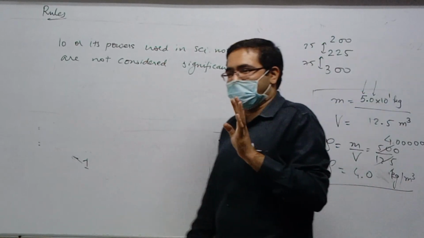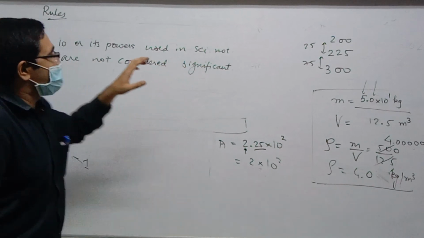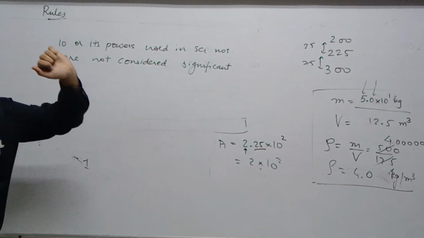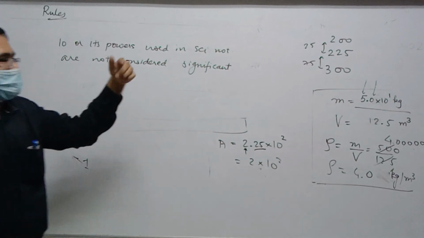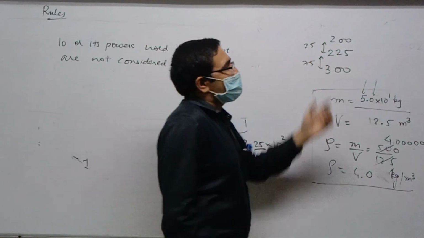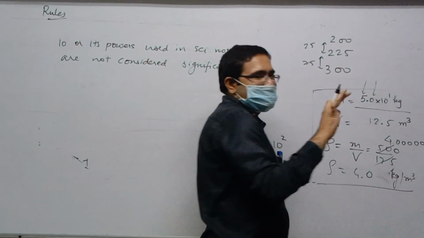Only 2. The 10 and the 5 are of no use when we are considering significant digits, because they are not a part of the measurement.